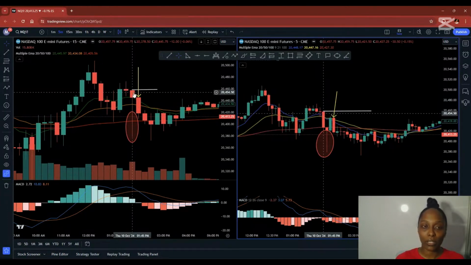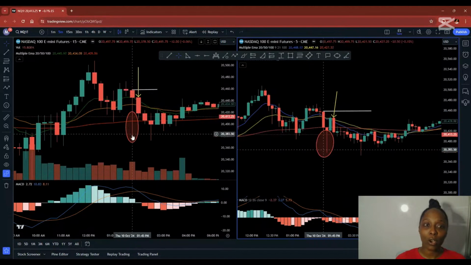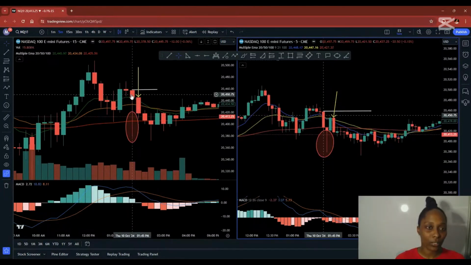What that would have looked like on the 15-minute would have been a dragonfly doji. So this is a bearish hammer, and it formed in a downtrend where buyers tried to push it up. So on the 15-minute, buyers pushed it up, but the next 15-minute candle, there was no follow through. After this hammer, the buyers did not follow through.